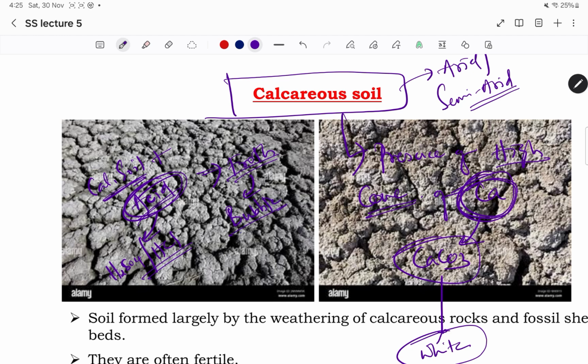What we say in chemistry is effervescence. There is a formation of bubbles in the soil. So by this feature we can easily identify whether the soil is calcareous or not.